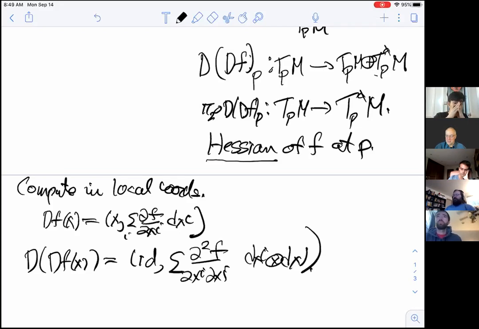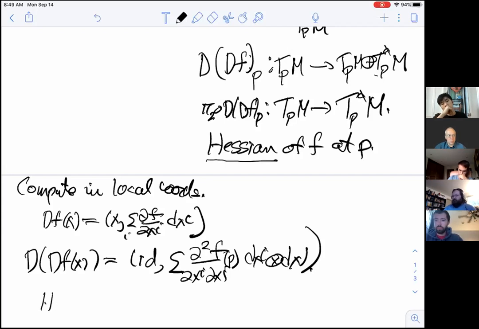Okay. So the Hessian, which I've now written as a bilinear map from the tangent bundle tensor itself to the reals rather than a map from the tangent bundle to the dual of the tangent bundle, is given by the matrix of second partial derivatives at the point. And the basic fact, of course, is that this is a symmetric matrix.